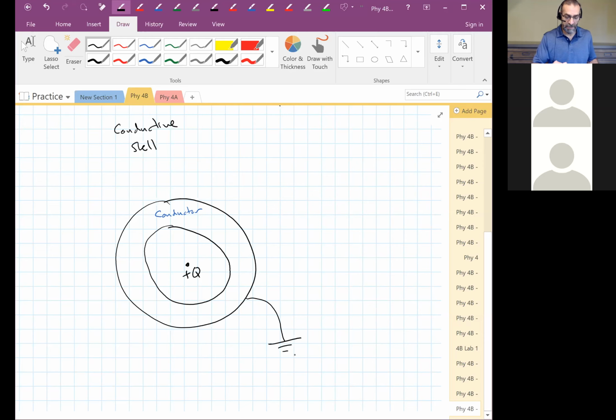When you put the positive charge inside the shell, it attracts electrons. Where are they going to come from? They're going to come from this reservoir of charge, ground, and work their way up. And so we're going to end up with our field lines coming out here.